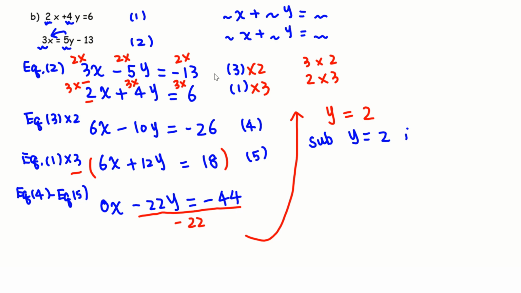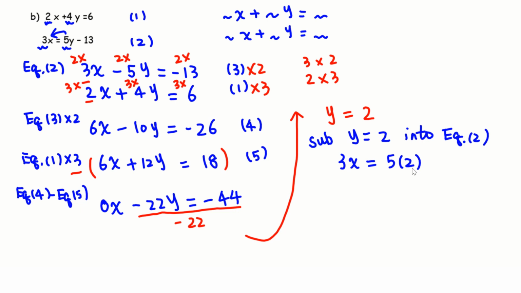All three equations will give you the same x. You can pick any of them, and here I want to pick equation 2 because 3x has x by itself on one side.